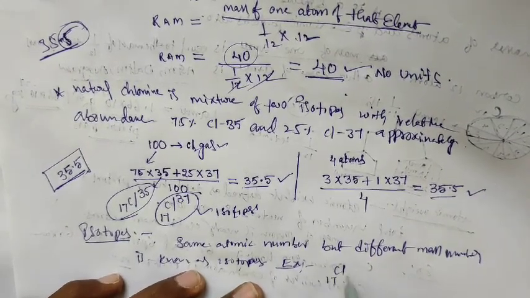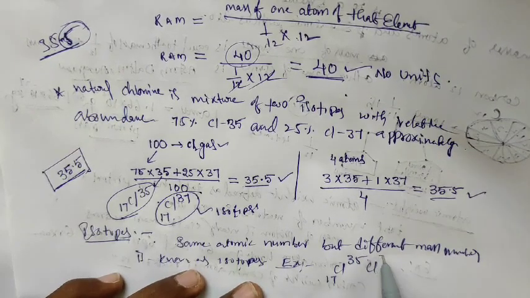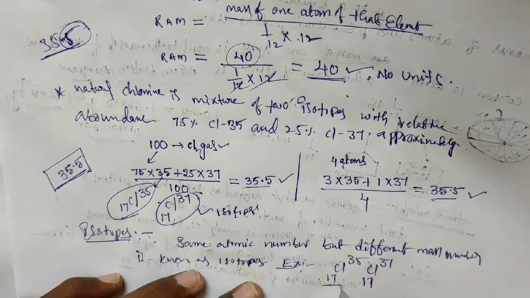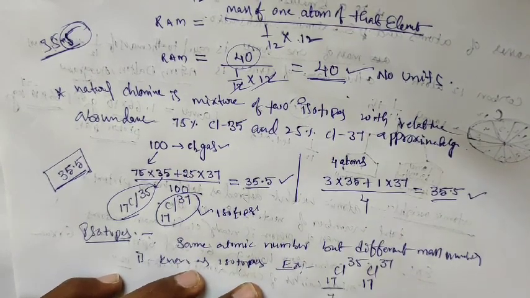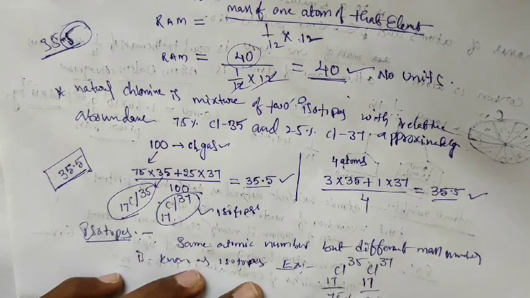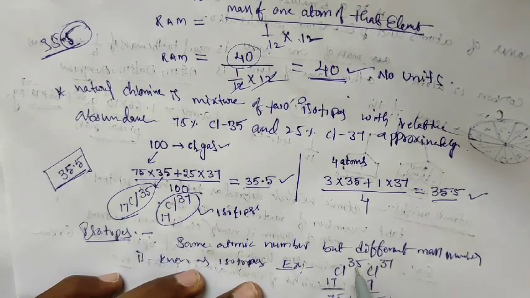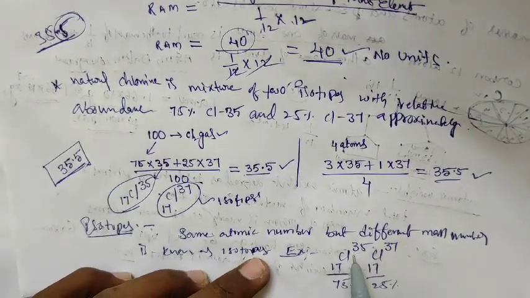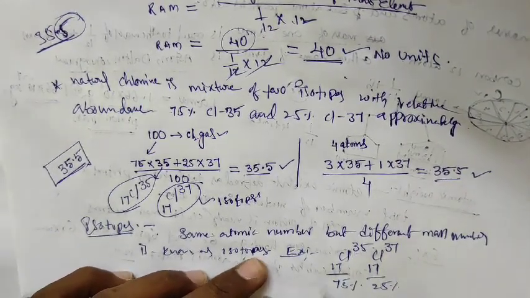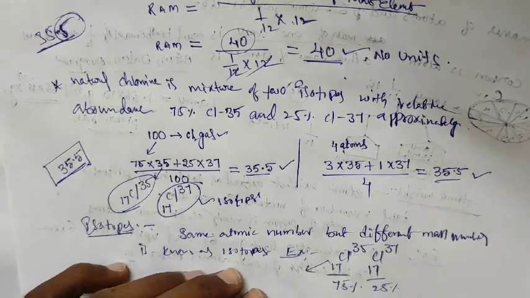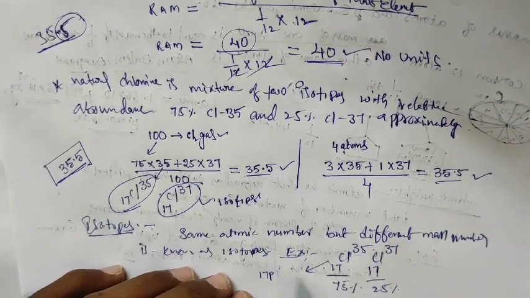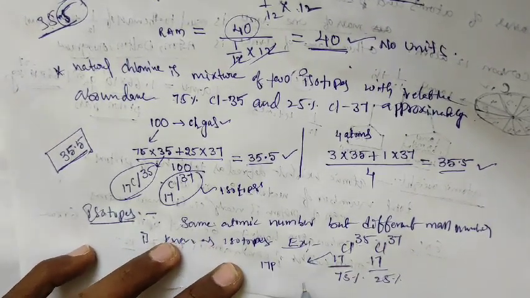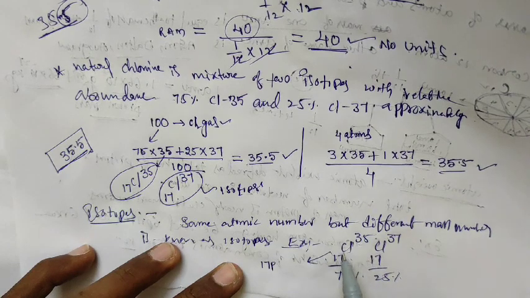Example: chlorine-35 with atomic number 17, and chlorine-37. In nature, these atoms occur in percentages: 75% for one and 25% for the other. So mass 35 or 37 means the number of neutrons differs. In this, 17 protons are fixed because atomic number is only protons. How many neutrons?